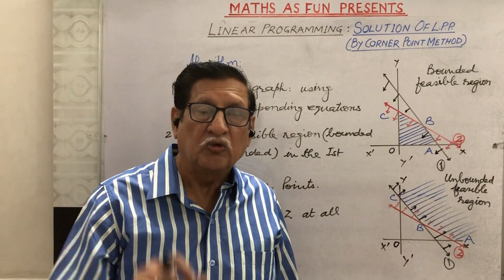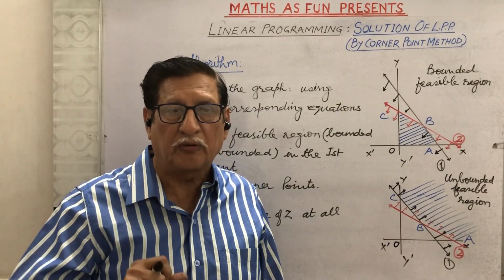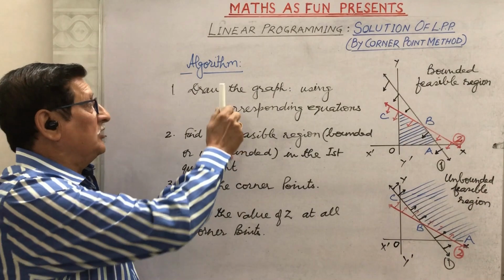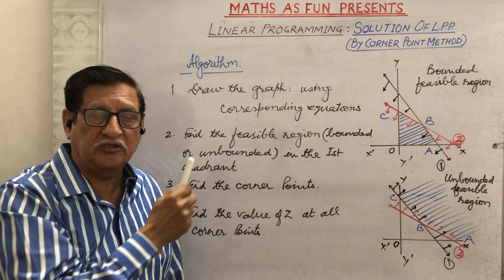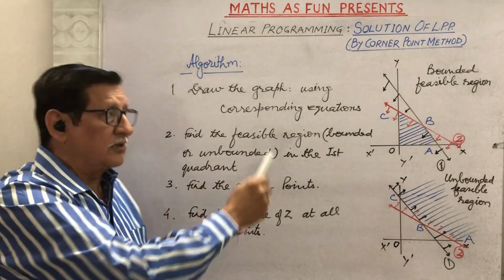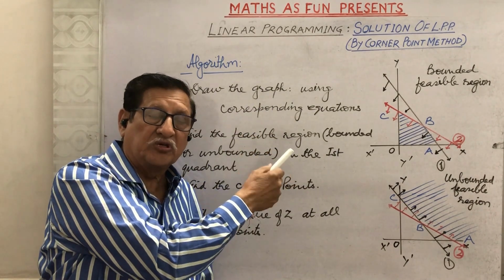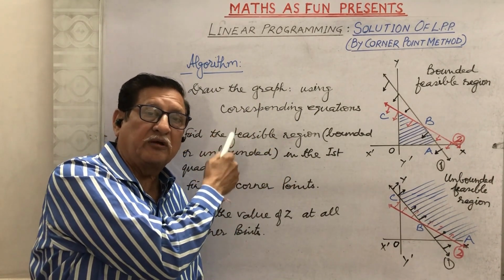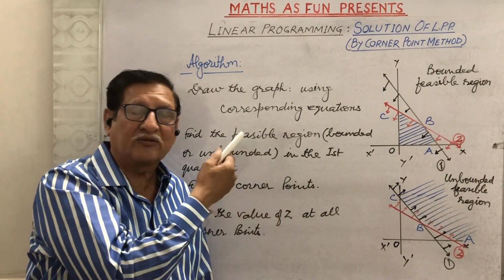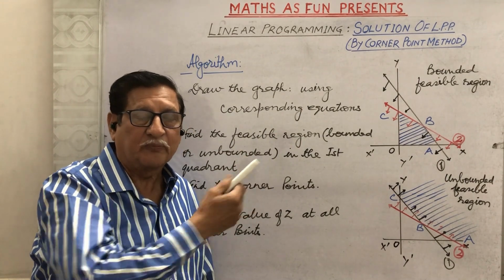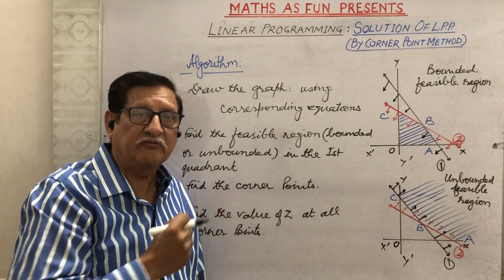The algorithm to find out the solution of LPP, that is linear programming problem. First of all we will note down the LPP and its constraints. Then in the first step we will draw the graph of the inequations by taking their corresponding equations and converting them into the intercept form, or otherwise by making a table of the satisfying points, as we have learned in the previous videos on the solution of inequations.